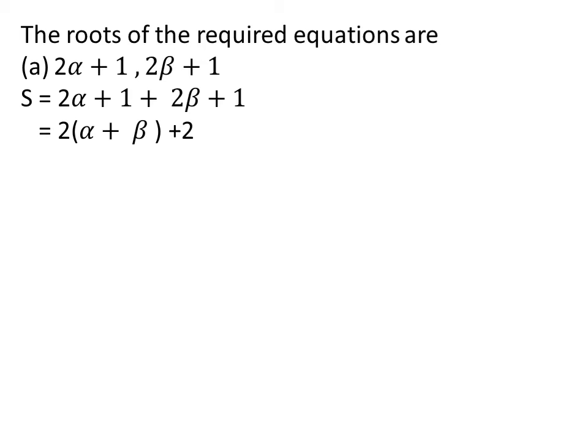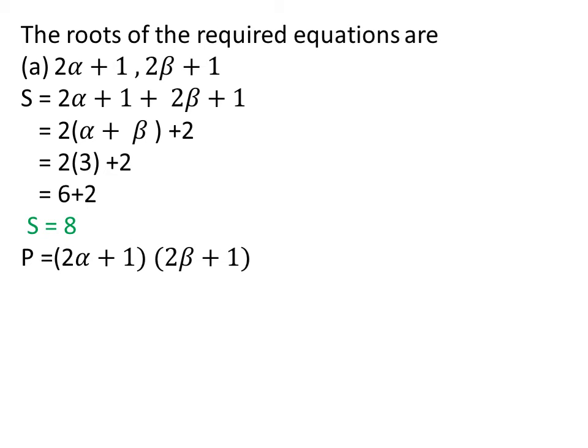Here we have to put the value of alpha plus beta, which we have obtained. As we have obtained the value of alpha plus beta equal to 3, so we will write 2 into 3 plus 2. By taking the product of 2 and 3 we get 6, and after this we will write 2 as it is, which is equal to 8.